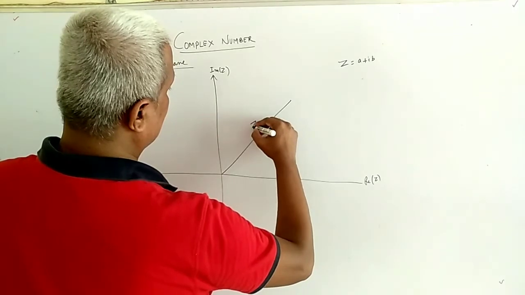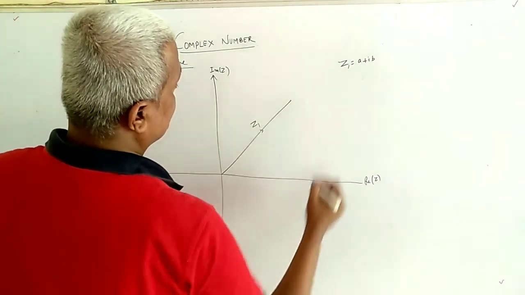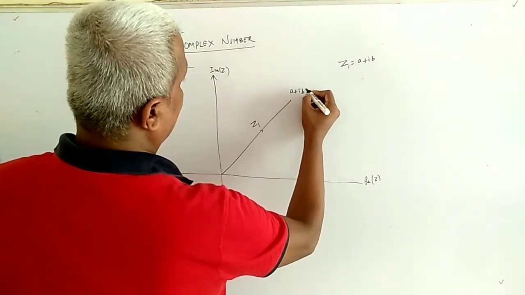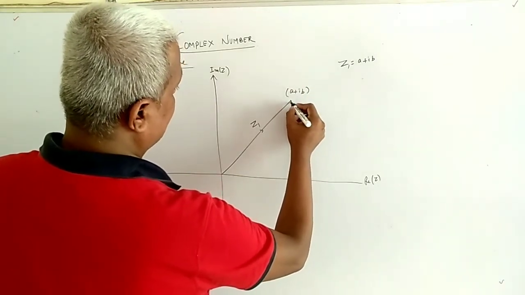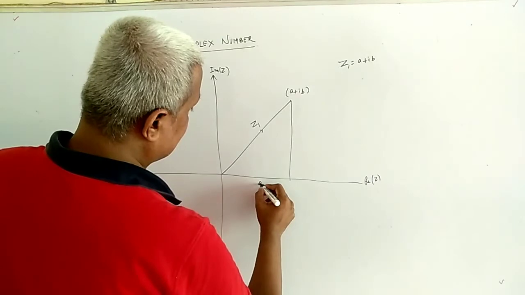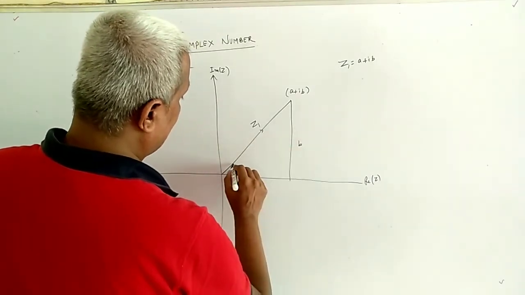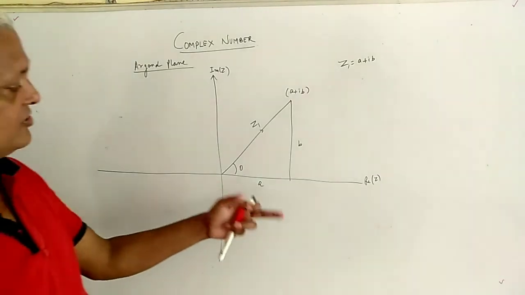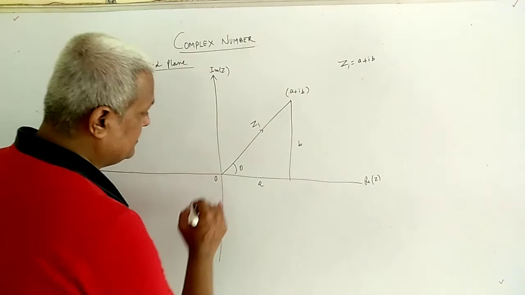So this is your z1, that is a plus ib. Now if you drop a perpendicular, then this is your a, this is your b, and this line is making angle theta with the positive direction of the x-axis, that is my origin.